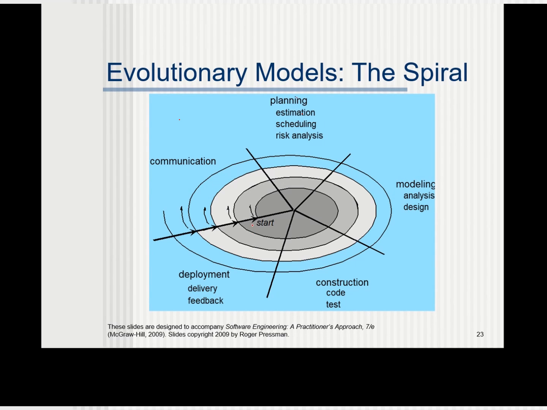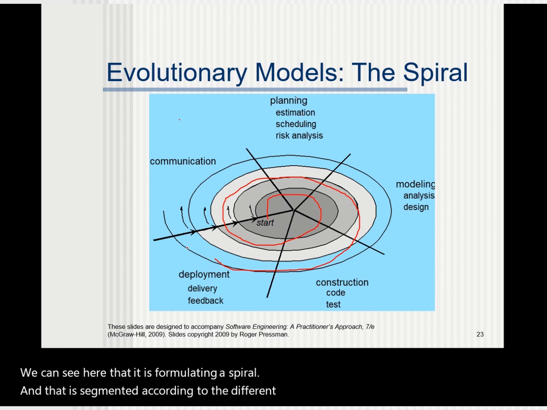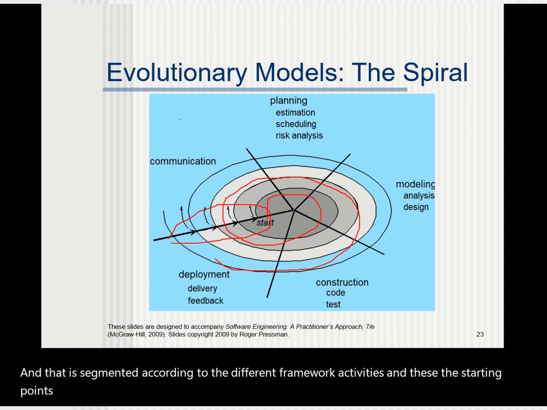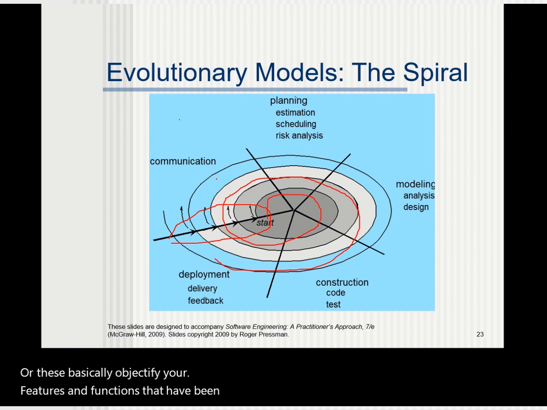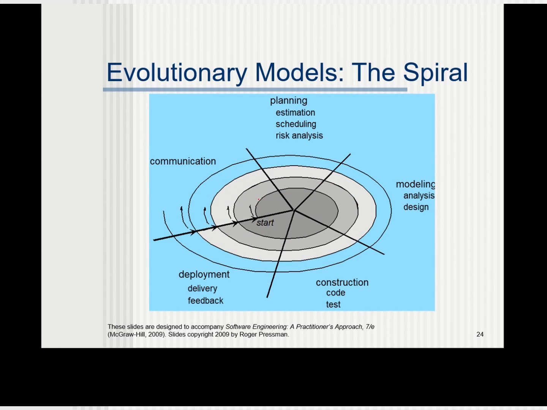So we can see here that it is formulating a spiral that is segmented according to the different framework activities, and the starting points basically indicate the anchor point milestones, or these basically objectify the features and functions that have been accomplished, and further in the next cycle we keep on adding other functionalities to make the complete version of our product.